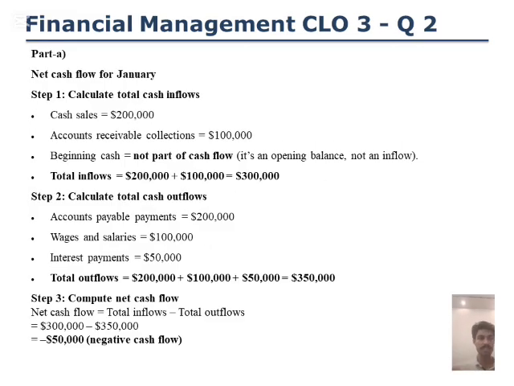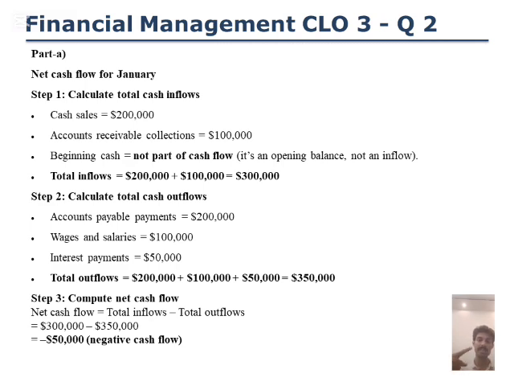Let's come to question number 2. In step 1 I will calculate total cash inflows. In the question they gave cash sales of $2 lakh, and accounts receivable collections will be $100,000. So total inflows is $300,000.